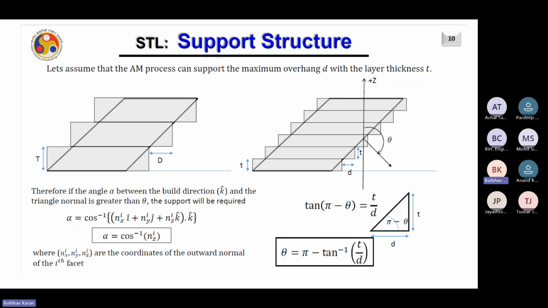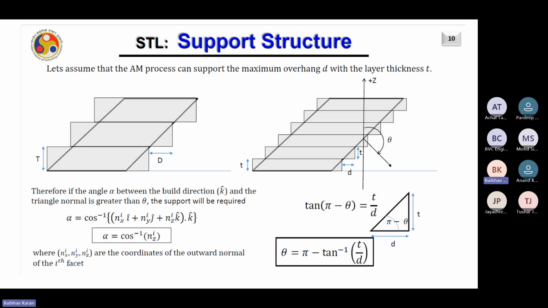If the calculated theta value is greater than this critical value, then the support structures are necessary. And if the theta value is less than this critical value, the support structures are not necessary. So this answers the question of when the support structures are necessary.